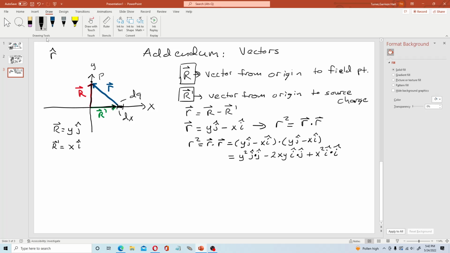And so what you're going to be left with is y squared times 1, j dot j is 1, plus x squared, i dot i is 1, and this is just y squared plus x squared.